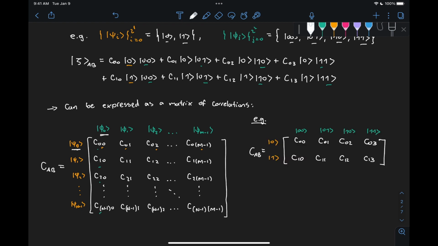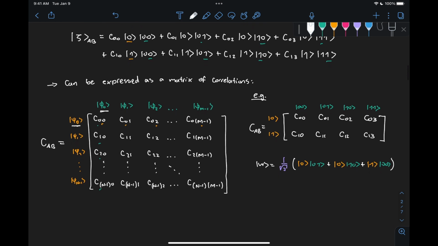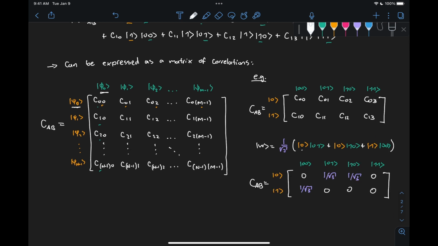So following the example we had here for subsystem A having 1 qubit and subsystem B 2 qubits, this matrix will be of this form. And taking it one step further, if we want to look at a particular example, for example, a W state where we associate the first qubit with subsystem A and the second 2 qubits with subsystem B, that particular matrix will be given by what's shown down here.